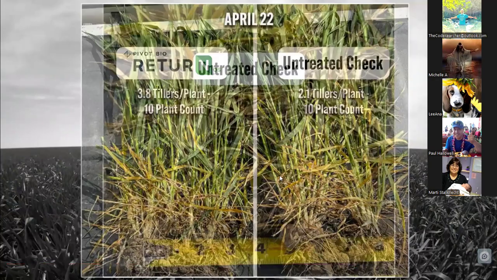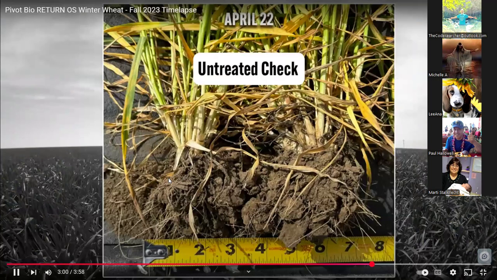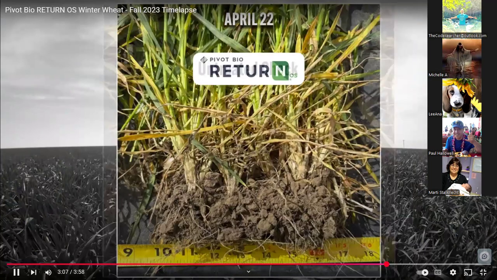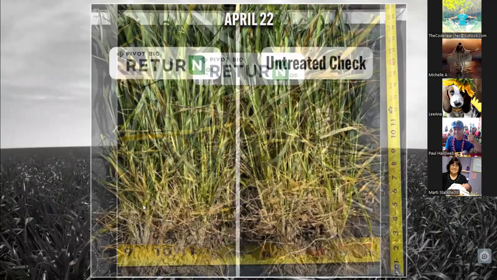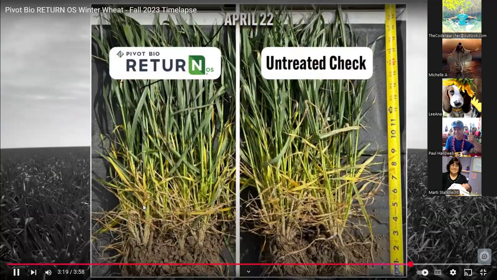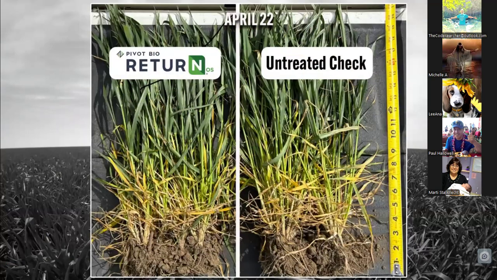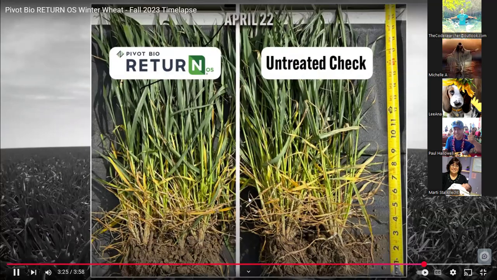I'm showing you the comparison between the two different ones with the root ball. April 22nd, that's where we are.